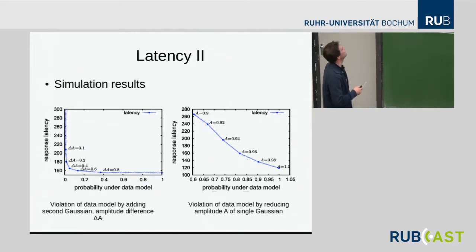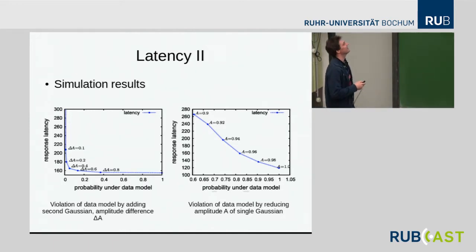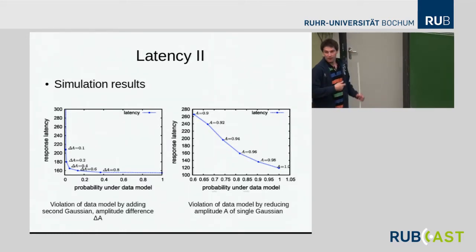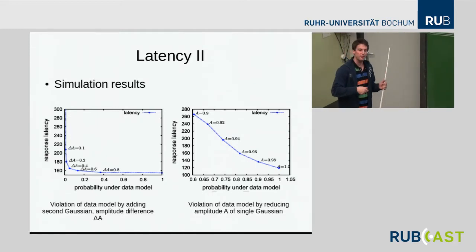Yeah, cool. So what we see here is a neural field to which I put two Gaussian inputs with a peak difference of delta A, just like what you saw in the videos. That corresponds evidently to situations of different conflict. If delta A is 1, that means one Gaussian is full strength and the other is absent. If delta A is 0, there are two Gaussians of equal strength.